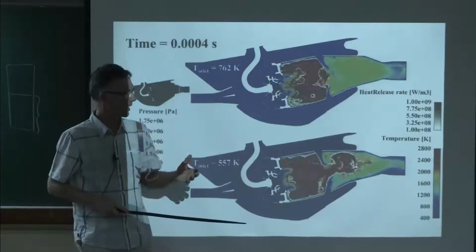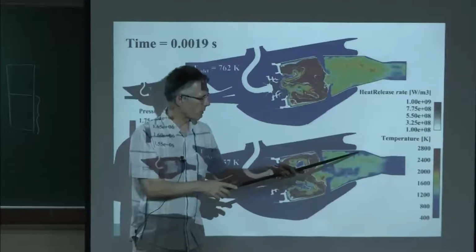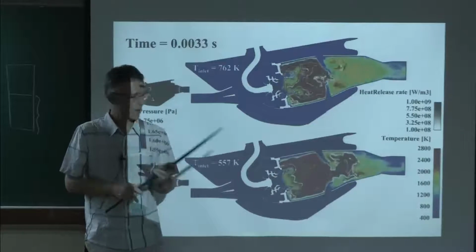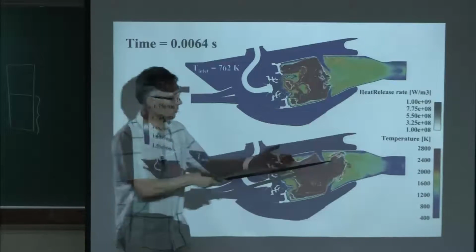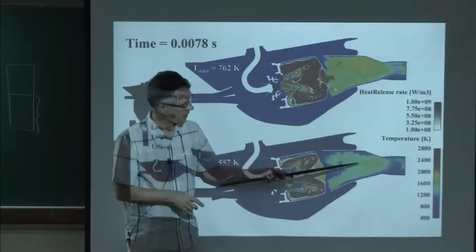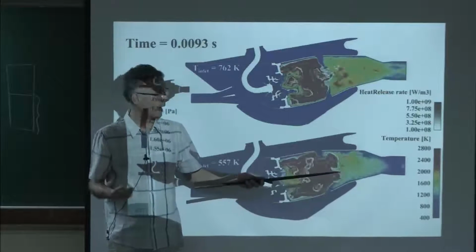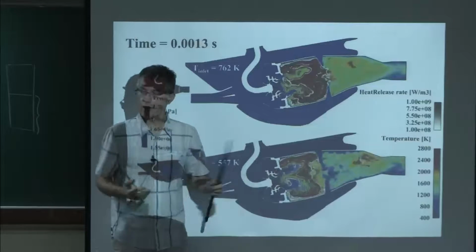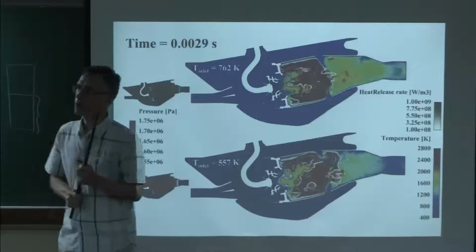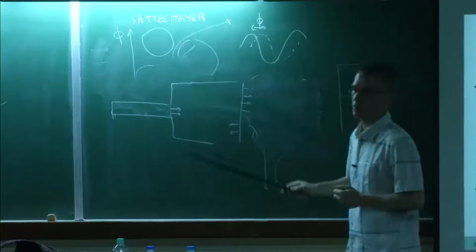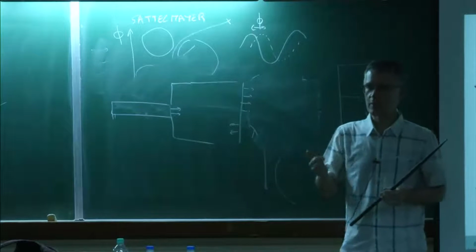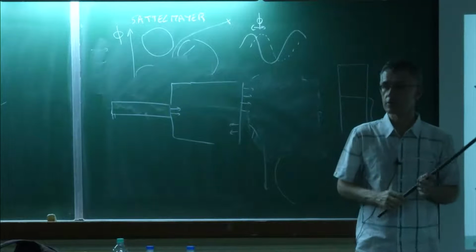And so he keeps saying that these entropy modes appear only for short chambers. If you take a long chamber, you never see them. Actually, in the lab, if you have a long tube, you never see these waves because they are dissipated by turbulent mixing. And so there's a big controversy on when we should have them or not. But Sattelmayer is also a place where you're going to find information on that. Sattelmayer, Lieuwen, and we did a lot of things on that too.